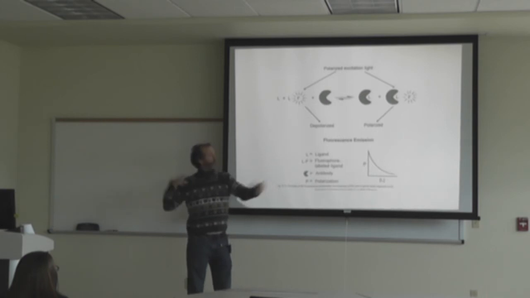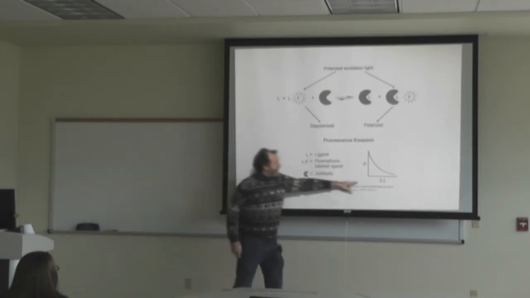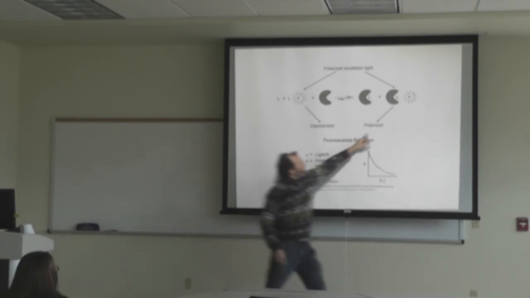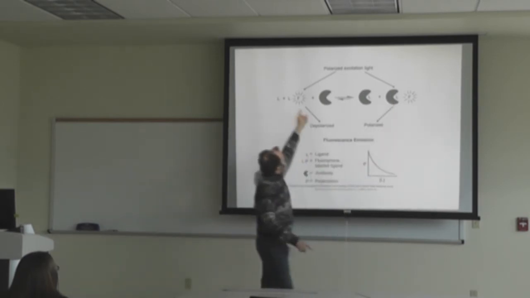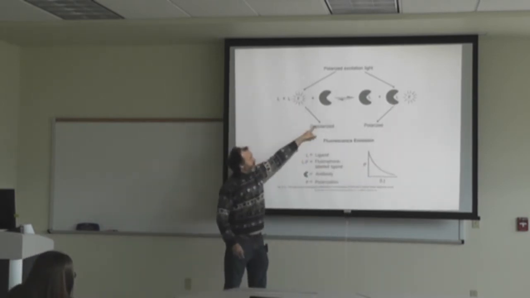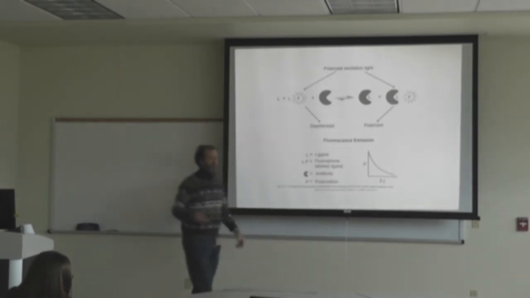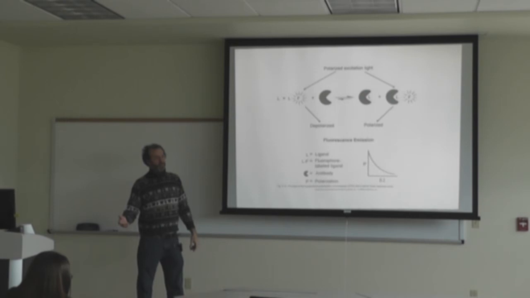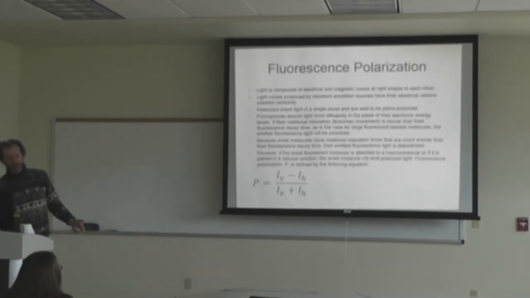It spins the slowest. So as you increase the amount of free ligand, you're going to decrease the amount of labeled ligand that's bound to an antibody, and it'll spin a lot faster and depolarize faster, so you'll see less fluorescent polarized light, less polarization in the light. And I put this back up here. Didn't I show you this before?